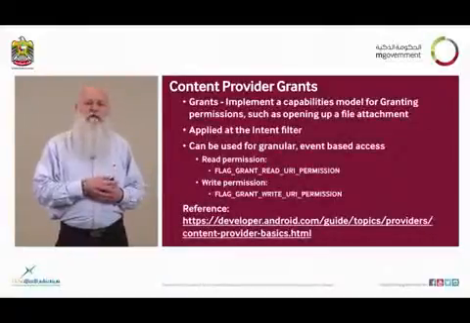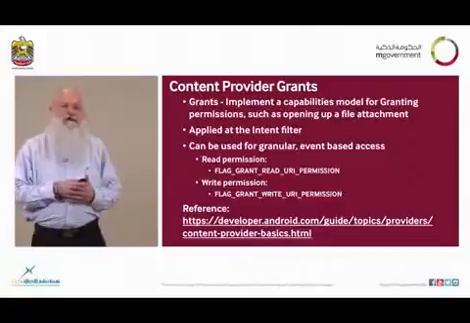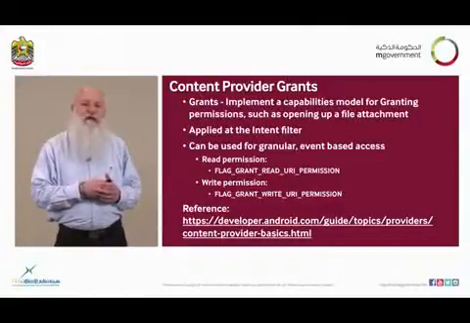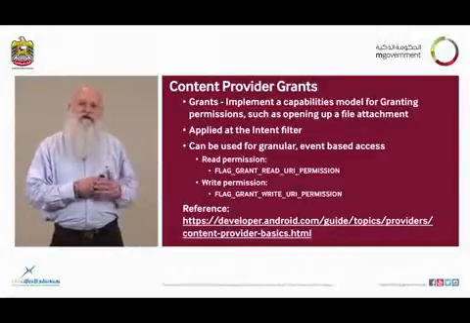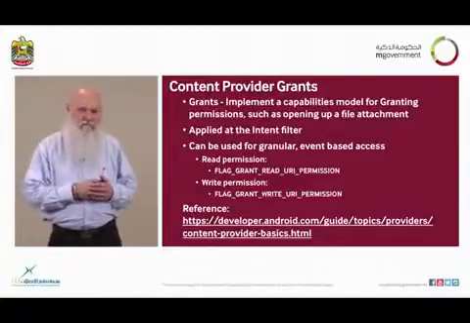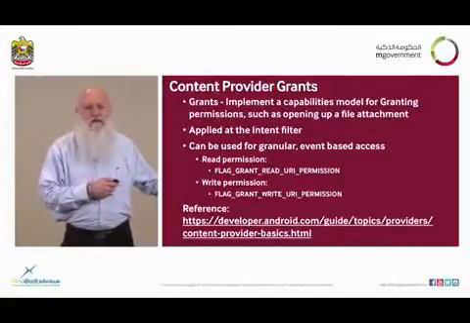Grants implement a capabilities model for granting permissions, such as opening up a file attachment, and these are applied at the intent filter. So the intents are used for inter-process communication. There's a filter there that determines how the grants can be applied. The complete references for this are at the URL at the bottom of the slide.